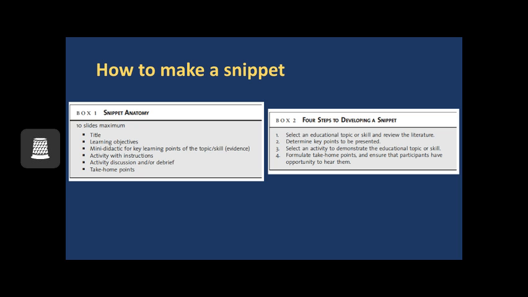The second step is to determine the learning objectives and the key points to be presented. The third step is to select an activity that can include a case study, role play, chart review, a demonstration, a video clip, or a game. The final step is to emphasize again the take-home points and that the participants understand the take-home points.